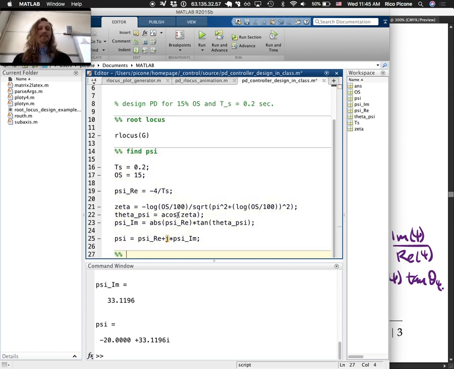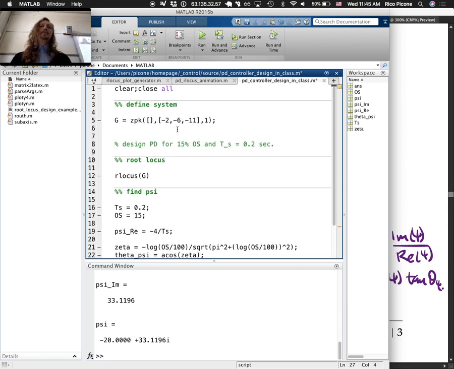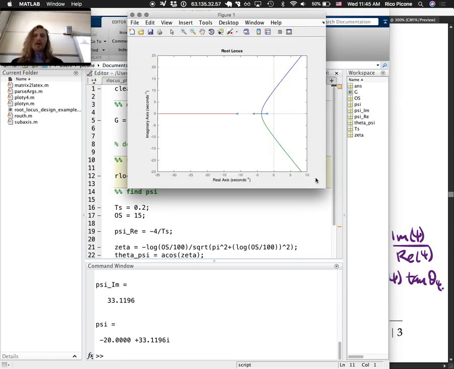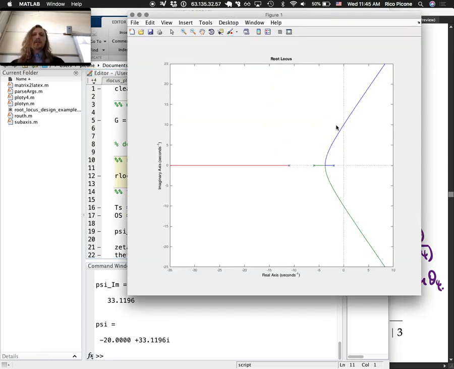So now that we've found psi, let's look again at our root locus. We didn't really get a chance to look at it because the screen was all wonky. Okay, root locus. Our test point is negative 20 and 30. It's way up here.